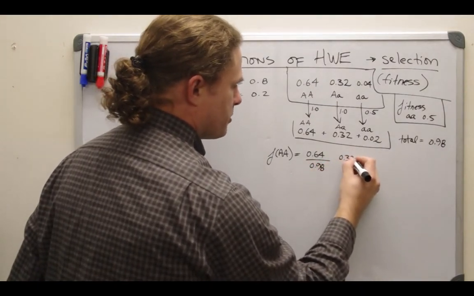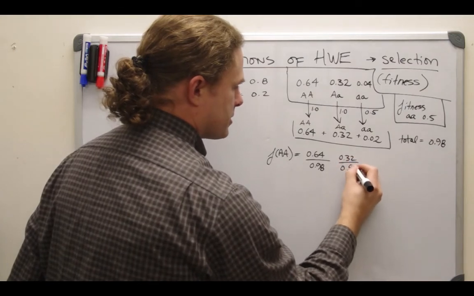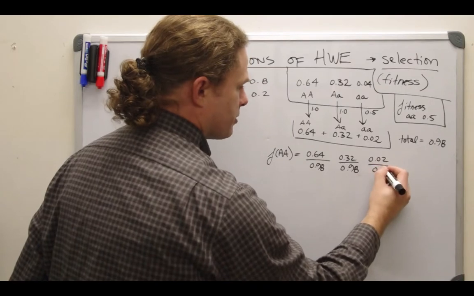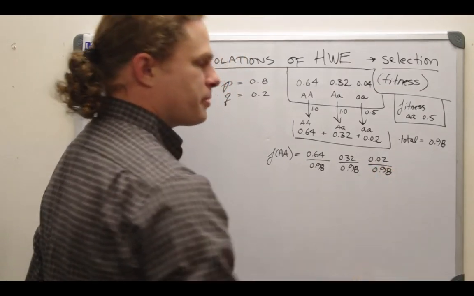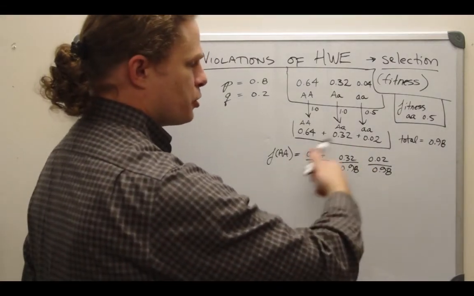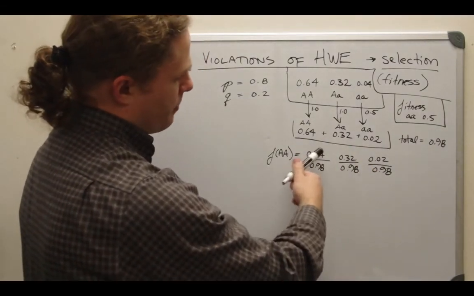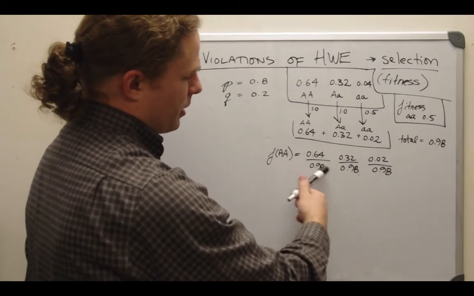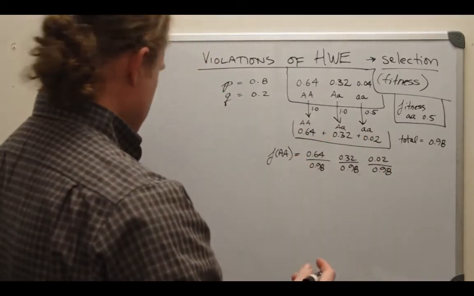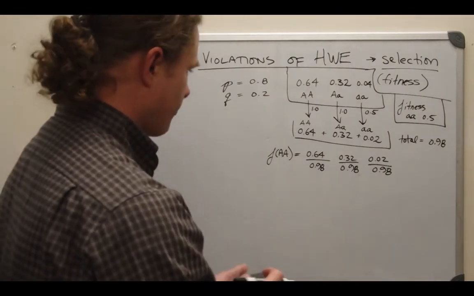Likewise, 0.32 divided by 0.98 and 0.02 divided by 0.98. So this is simply normalizing these values to the new total. Instead of being out of a total of 0.98, we can now take this whole thing out of a total of 1. So now we just do the number crunching.